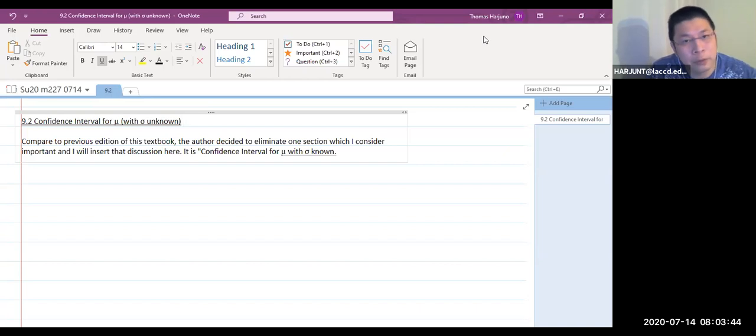We are currently using the 5th edition, but the 3rd edition still has it. In the 4th edition, they already got rid of that section about confidence interval for mu with sigma known, which provides us a foundation on how to construct confidence intervals in general.